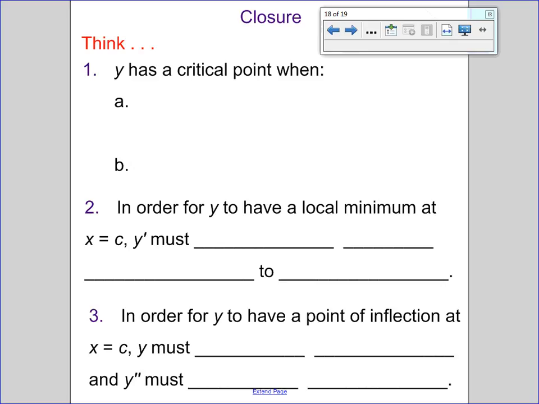So y has a critical point in two scenarios. What are our two possibilities for y having a critical point? Vivian? Y prime equals 0 or y prime is undefined. Good.